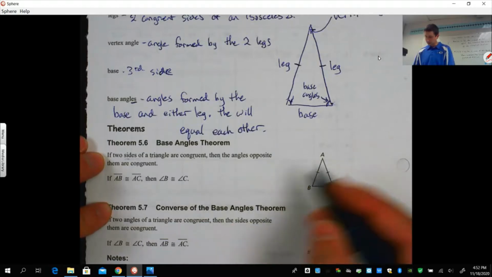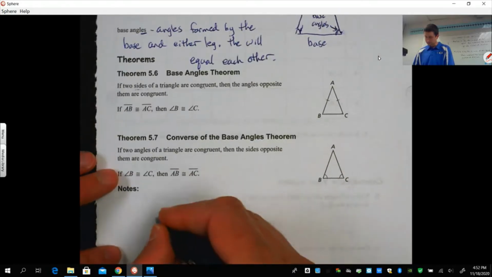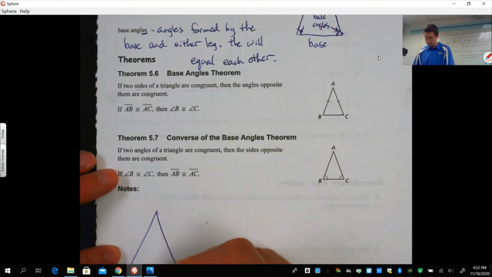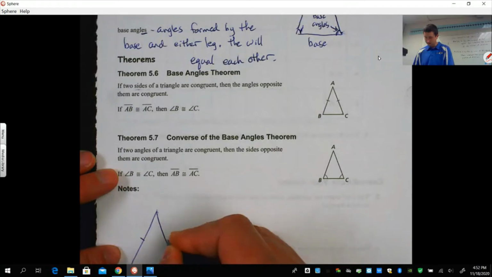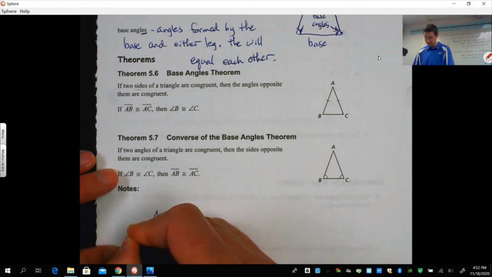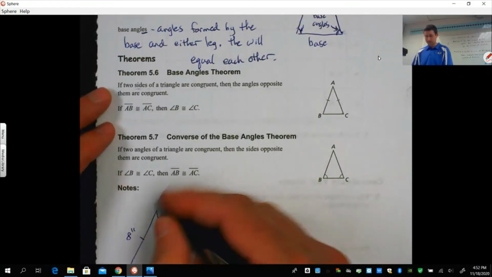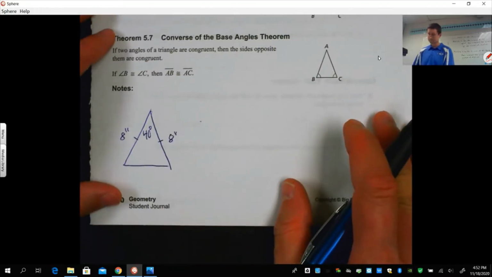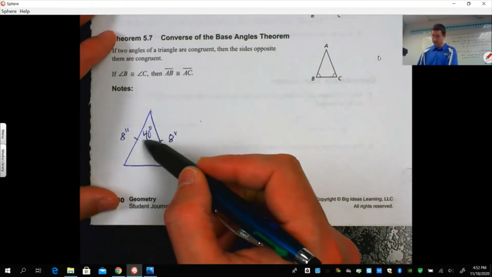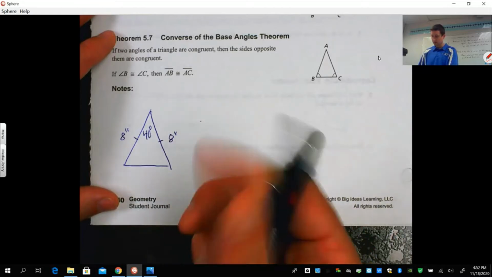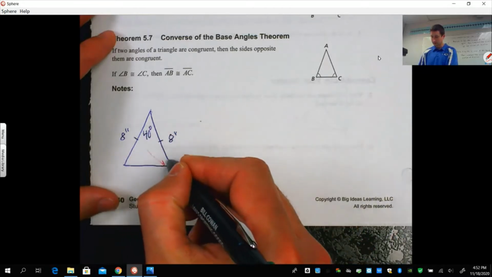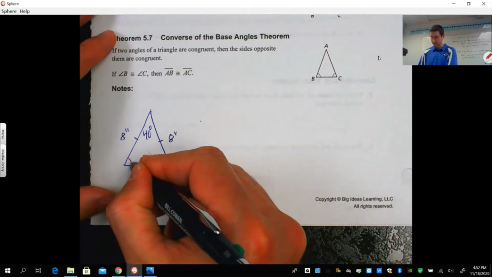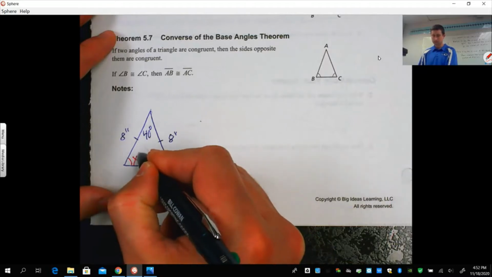So a good question for that is, let's say we have these two sides equal. Let's say that's 8 inches and 8 inches. And let's say this is 40 degrees up here. So we have two sides that are equal. That means the two base angles, this one has to be equal to this one. So let's say we want to find that one over there.